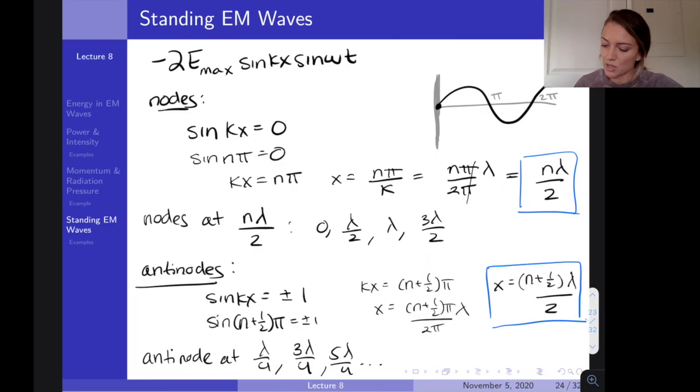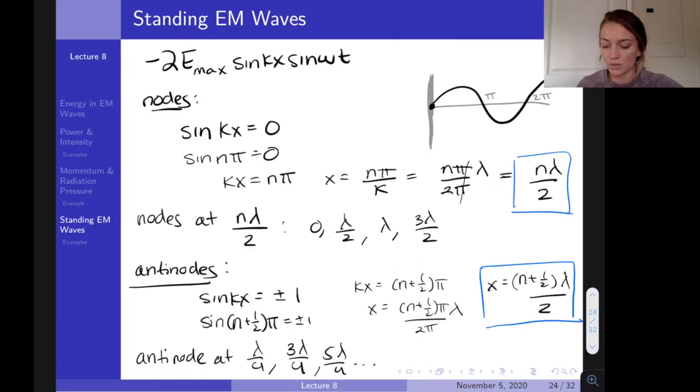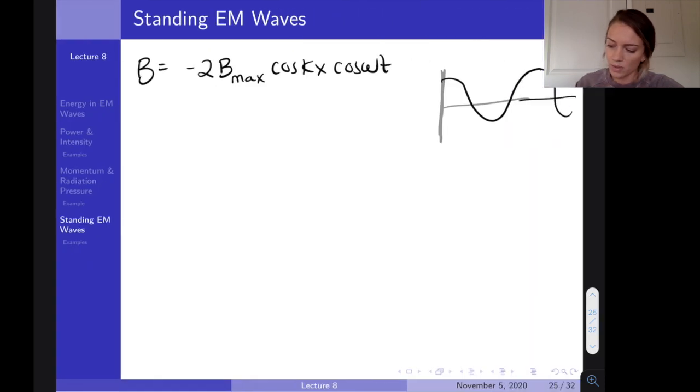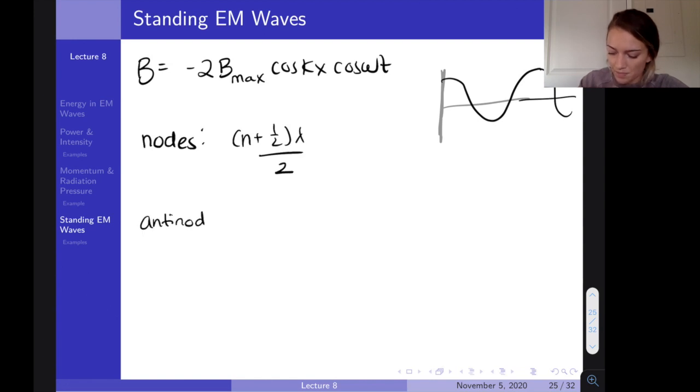So now you can do the same calculation that we did for the electric field, or you can just say, well, I know that the nodes and antinodes are going to be swapped, so the nodes for B are going to be at n plus 1/2 lambda over 2, and the antinodes are going to be at n lambda over 2, just opposite the electric field.